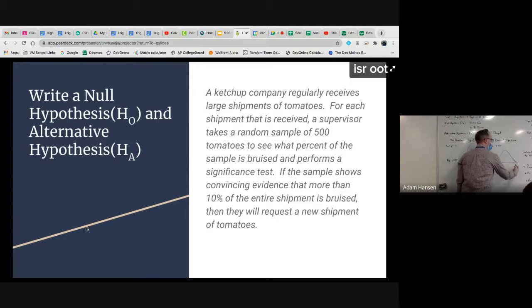We didn't want the burgers to be too heavy or too light. I want to see if the proportion of tomatoes that is bruised is strictly greater than 10%, meaning that my batch is probably not very good. Assume the tomatoes are okay until you can prove based off of your sample that they're not. Assume that only 10% are bruised and the batch is fine until you can show otherwise.